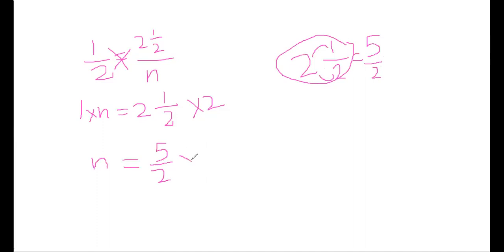Then times 2. Here you can also write divided by 1, because when you have nothing in the denominator, you can write 1. There are two ways to solve this step.